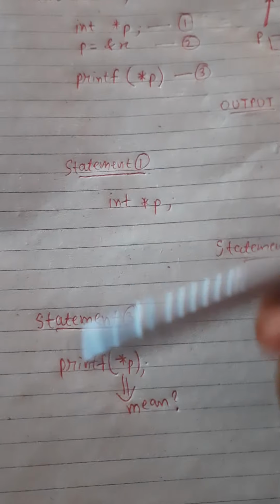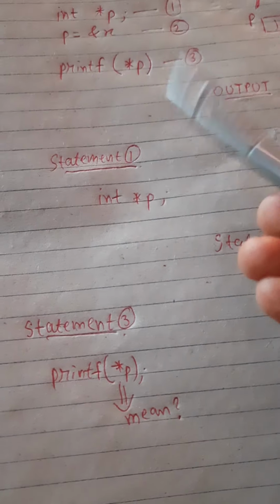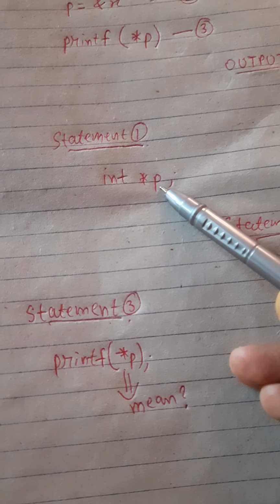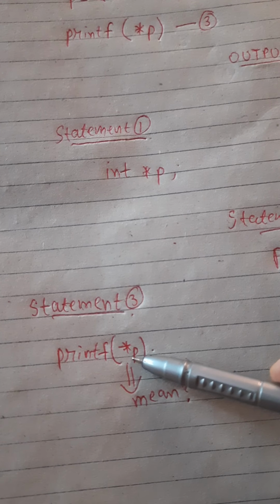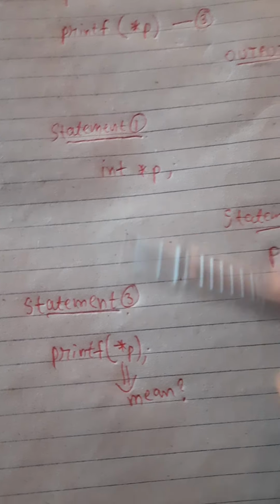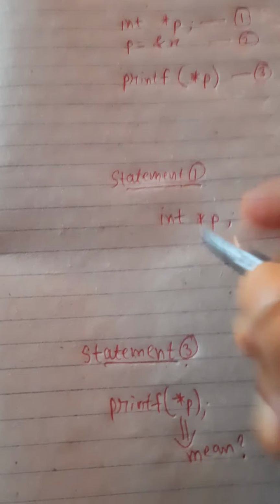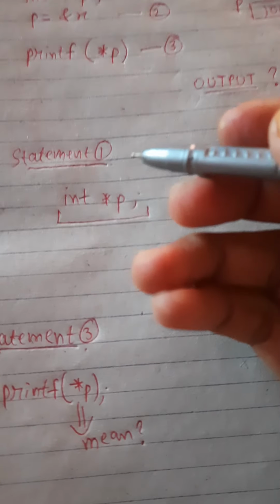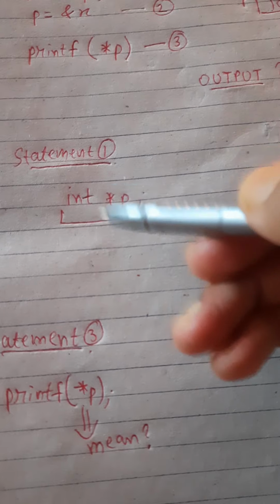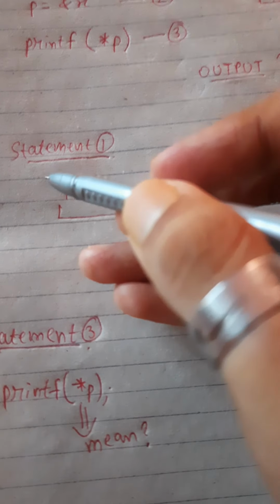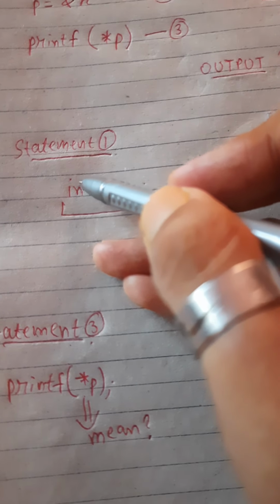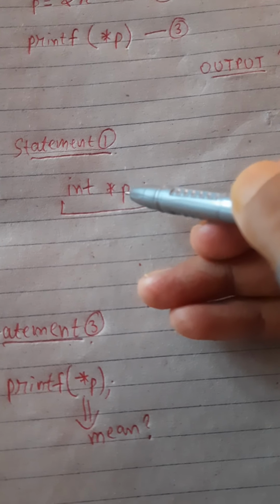You people generally tend to get confused here, because we have mentioned star p here and again star p there. How does this correlate? You need to understand one thing. This thing is the declaration of a pointer, which means whenever we declare a pointer, its type should be mentioned. This is a declaration statement.